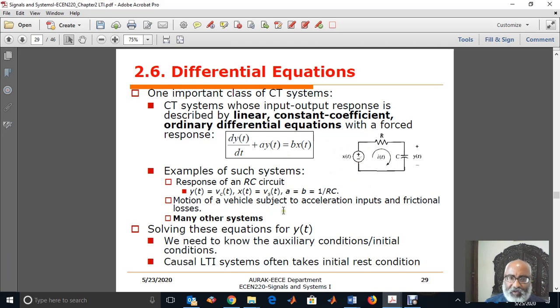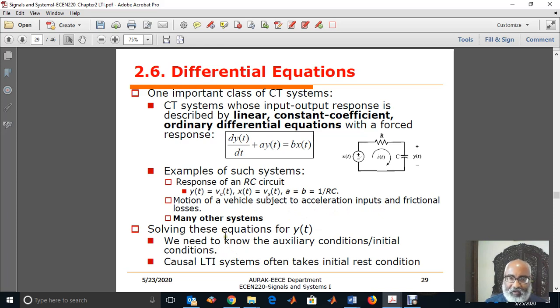Other systems include, for example, motion of vehicles across a surface where there is friction and acceleration inputs, and some other control systems. Many other control systems can be described by differential equations.